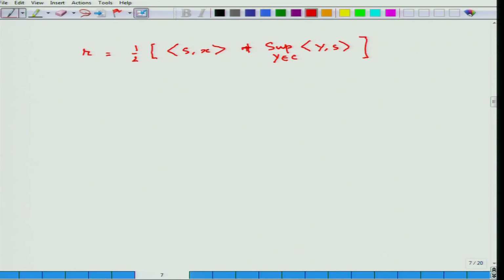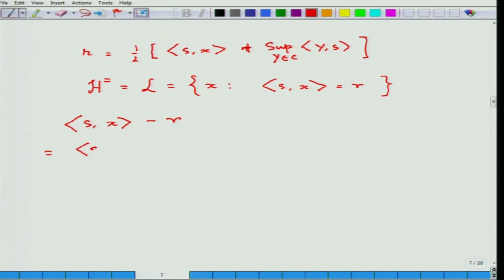Now, this R is what we really want, that is a hyperplane which we can write as L, the set of all x such that S of x is equal to R. Observe that S x minus R, what does it give me?